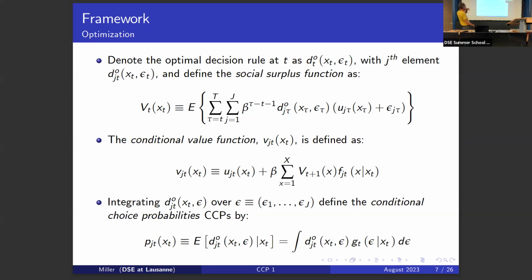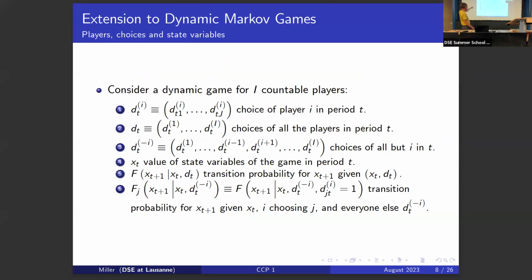So in this case, the x's now, of course, depend on the state variables of everybody in the game. My capital, my rival's capital, and so on. His capital will affect my payoffs differently than my capital will affect my payoffs, obviously. Each of these guys is making a choice.